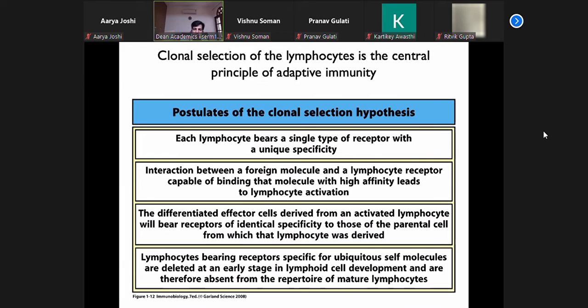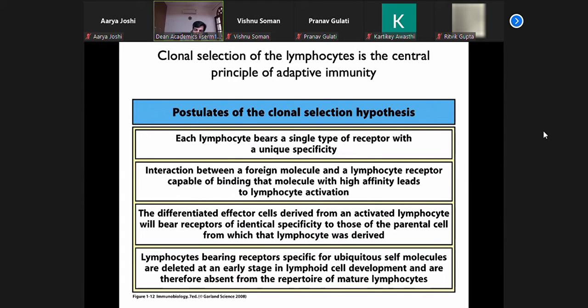So there were so many different theories floating around at that time, but none of those were able to conclusively suggest a logical way how immune response might be induced.